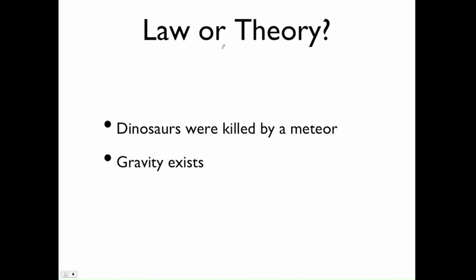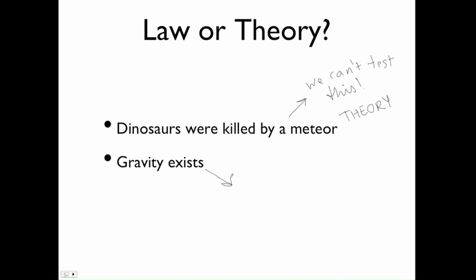So let's think about whether these are a law or a theory. I kind of went over these, but let's see how well you were listening. Dinosaurs were killed by a meteor. Okay, we can't test this. Therefore, it must be a theory. Okay, gravity exists.